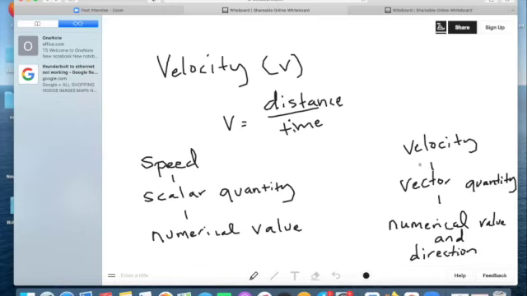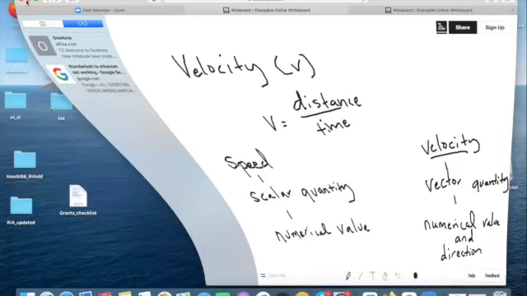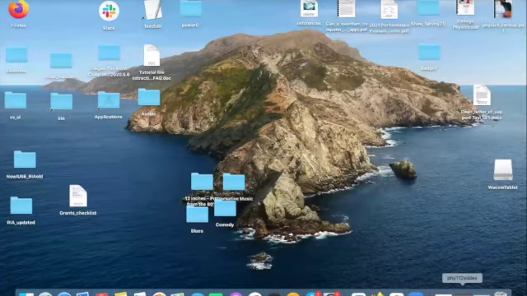So it not only represents how fast, but also what direction is the movement of that object or substance. And then speed is just how fast. Okay, so let's go back to the slides.